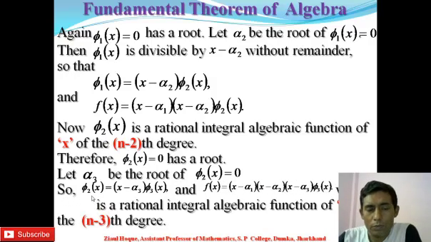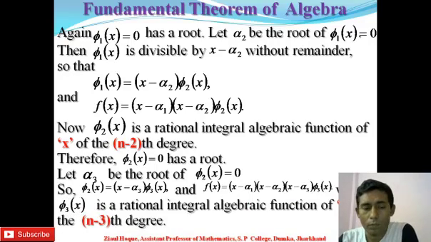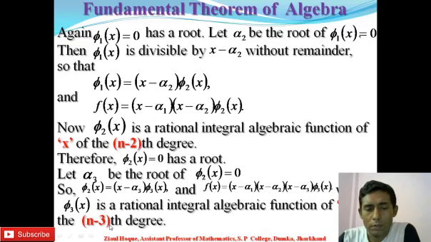So, phi 2x is equal to x minus alpha 3 into phi 3x, and f(x) is equal to x minus alpha 1 into x minus alpha 2 into x minus alpha 3 into phi 3x, where phi 3x is a rational integral algebraic function of x of the n minus 3rd degree.